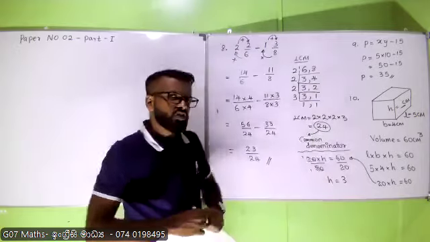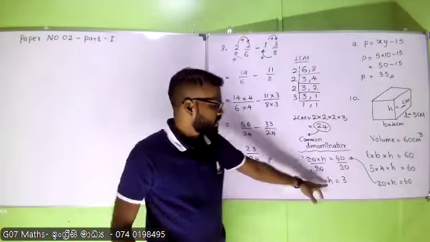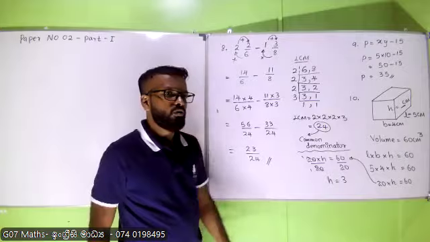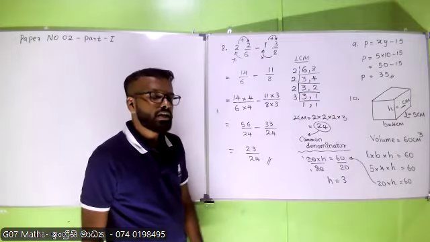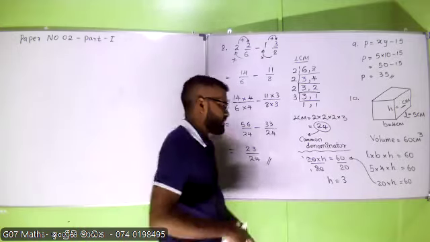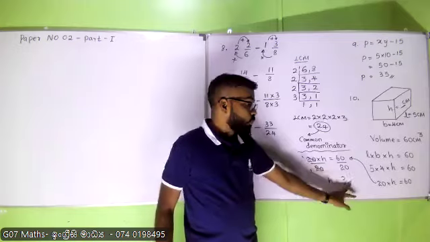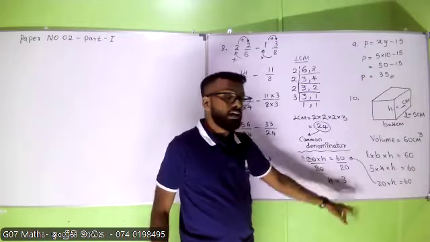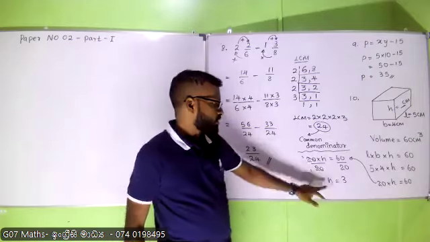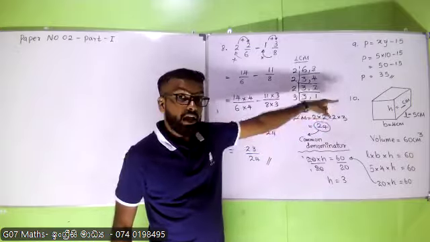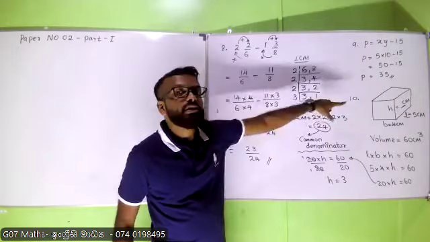Now is this answer complete? Is this answer correct? Will you get full marks? No. Why? Because we need to put the centimeter. Excellent. H is height, so it should be in centimeters.